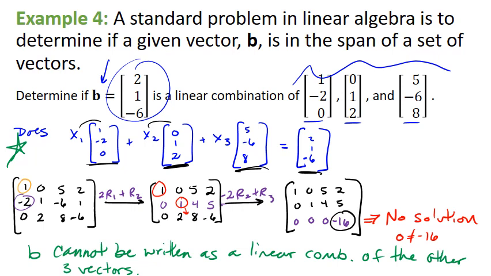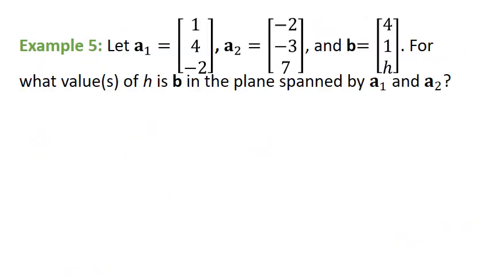All right, let's look at another example. Here I've told you what 3 different vectors are, and you may notice that in vector B, it's a little bit different. I have one entry that is a variable. What I want to do in this case is find the value or values of H that allow B to be spanned by vector A1 and vector A2.